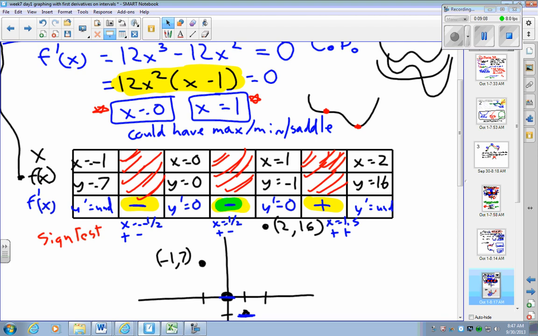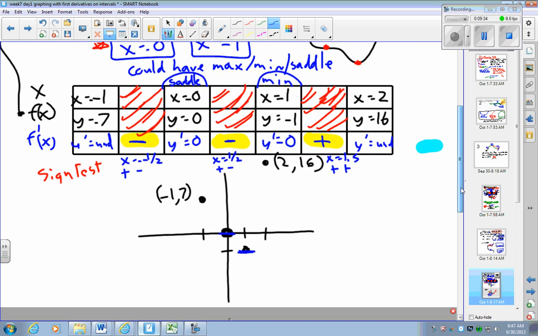That's going to get me a saddle right here. Now let's look at this zone here. Down, flat, up. That means this guy has to be a minimum. So you now know that this guy's going to be a minimum, and this guy's going to be a saddle.